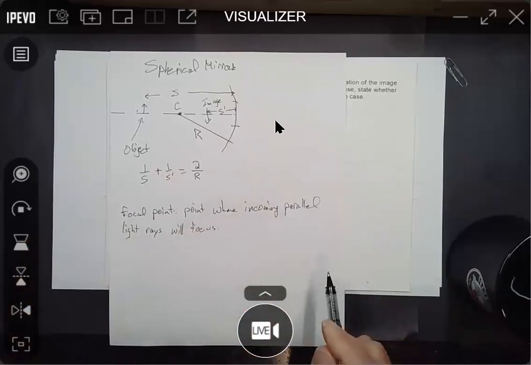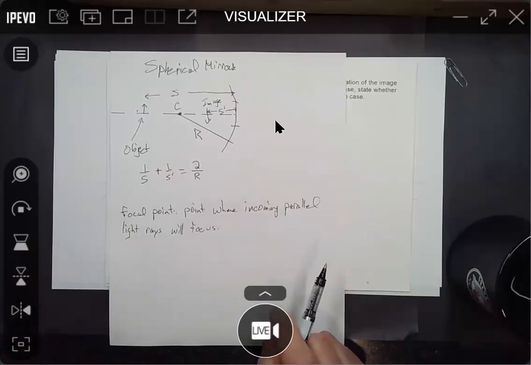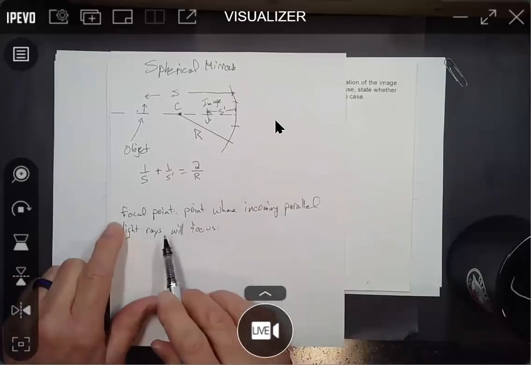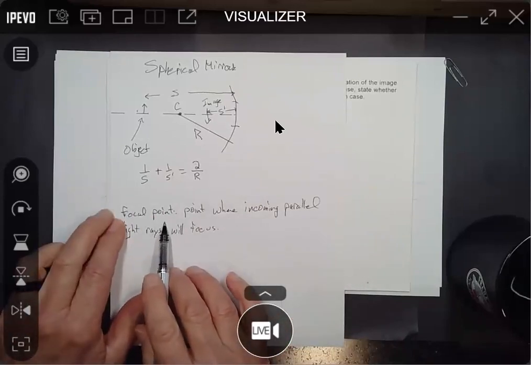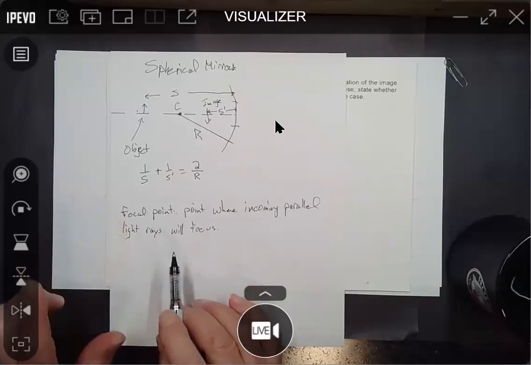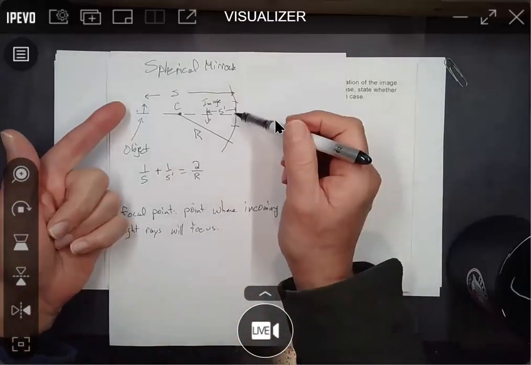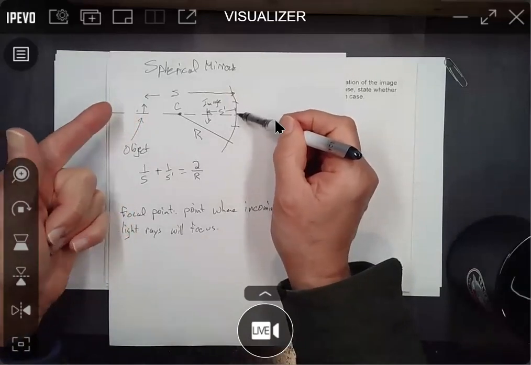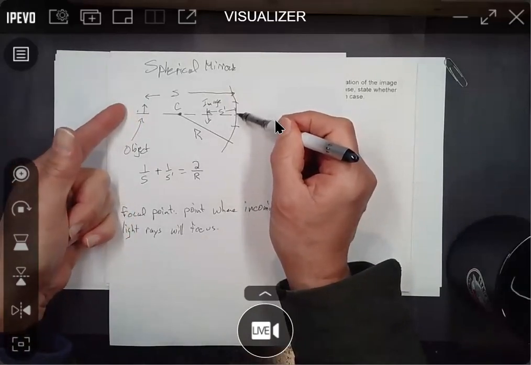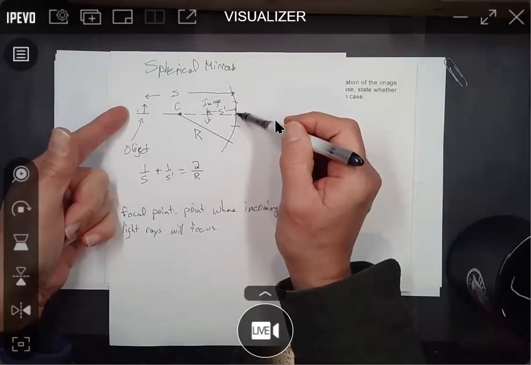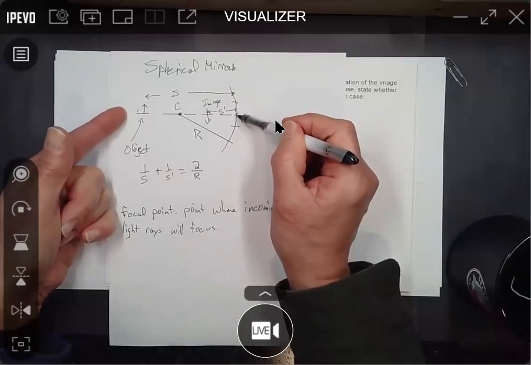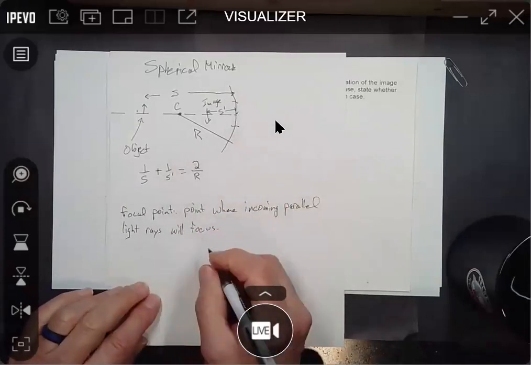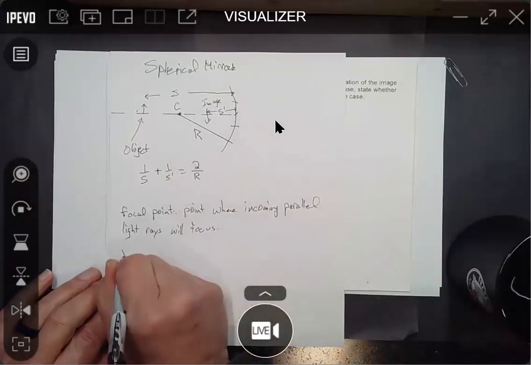If an object is really far away, the light rays that come from that object will be parallel, and they'll come to a focus at that focal point. And the focal length was the distance from the mirror to where incoming light rays will focus.